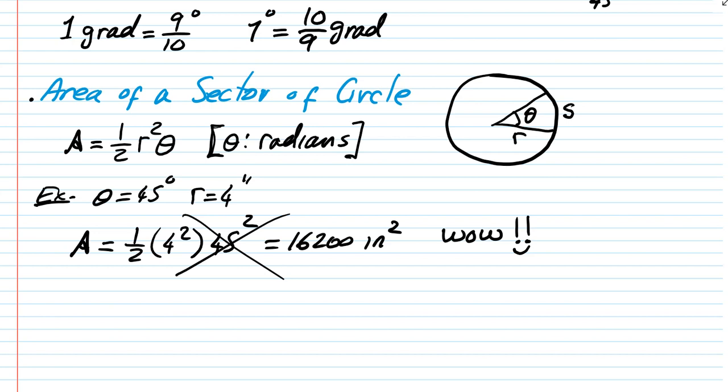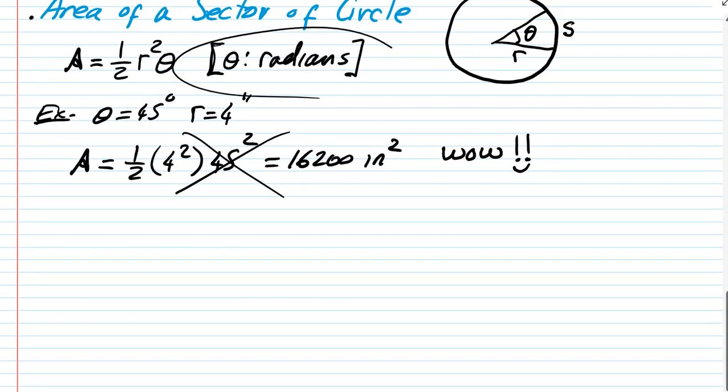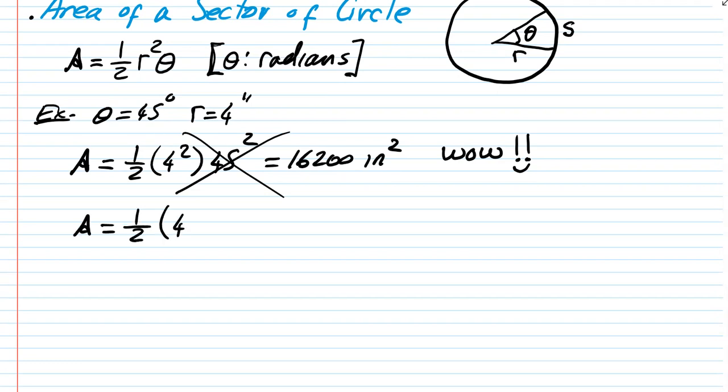And the reason is because I did not convert theta into radians. So if we do this now correctly, the area is going to be 1/2 r squared. Now theta was 45 degrees, right? I have to convert it into radians. So remember, anytime in any course, math, sciences going forward from here on, anytime you have a formula that involves an angle theta, you must convert the angle into radians.